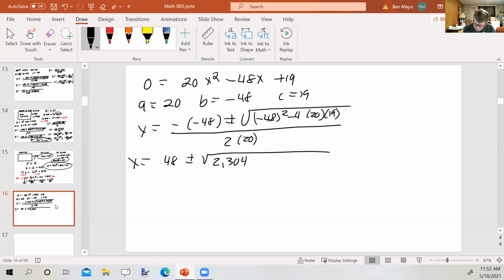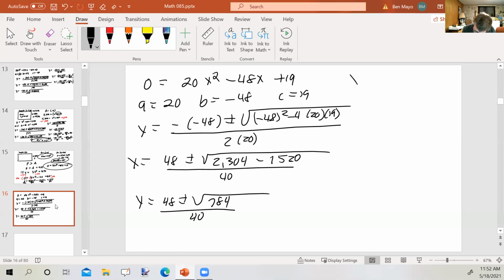And then you've got minus 4 times 20 times 19, which is minus 1520, all over 40. So X is 48 plus or minus the square root of 2304 minus 1520, which is 784, all over 40. And let's see if the square root of 784 is nice. It is. Plus or minus 28 all over 40.